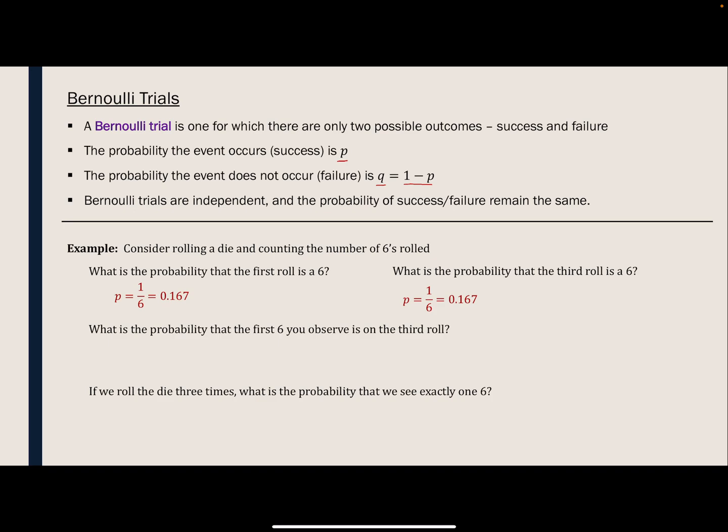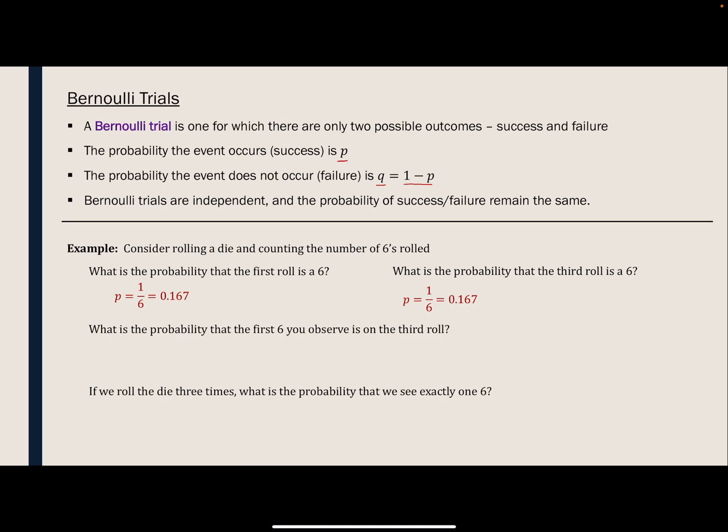But in the next question, it does talk about the first and the second trials. It says, what is the probability that the first 6 you observe is on the third roll? So it's implying that you have 2 failures in the first and the second trial, and that the third trial is a success.